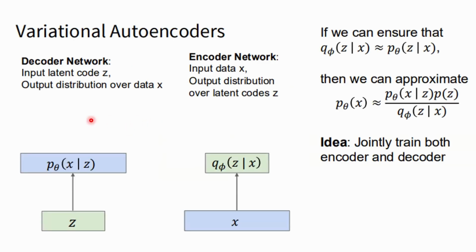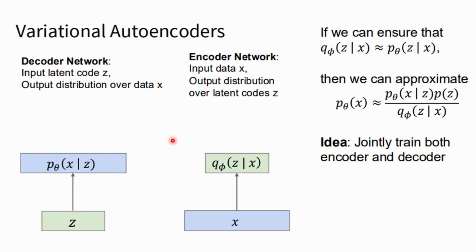Let's talk a little bit about the math side of things. In a decoder network, we have the input latent code Z, and then we have an output distribution over x. We're trying to learn P theta of x given Z. So this is the decoder.